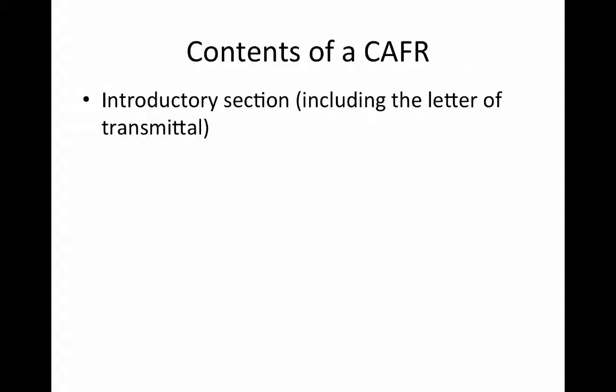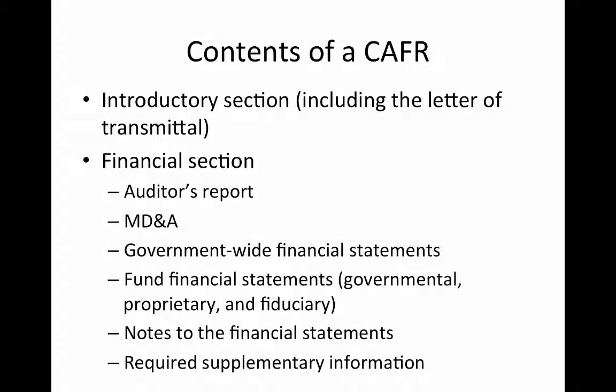The CAFR that I mentioned, you want to know what the sections are of the CAFR. There are 3 of them, and what the contents of those sections are. The first section is the introductory section, including the letter of transmittal. That's probably the most significant item in the introductory section.